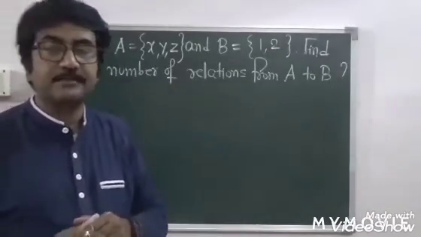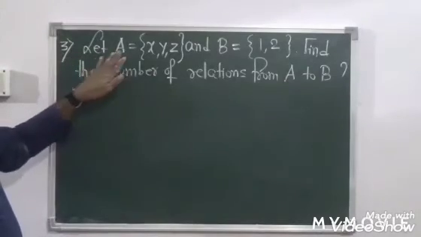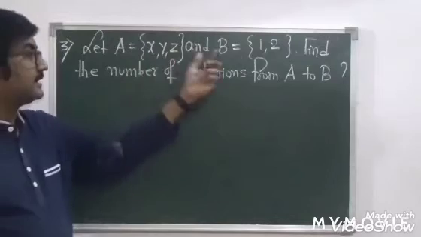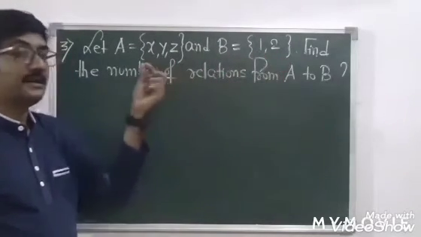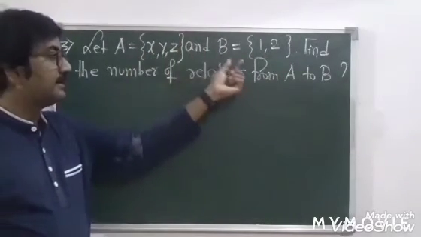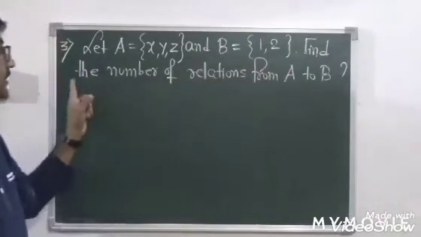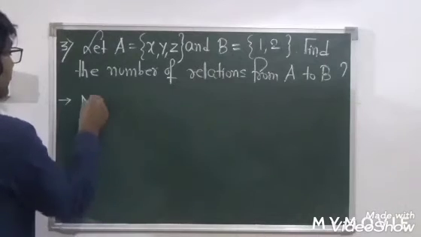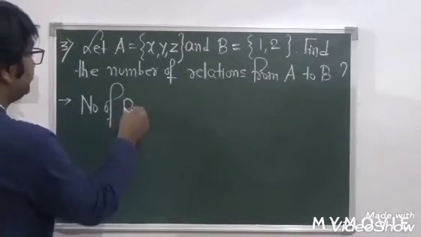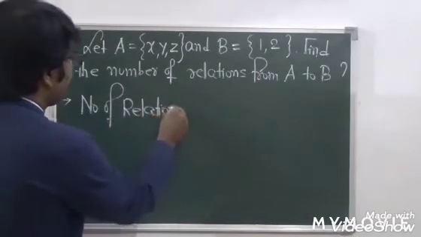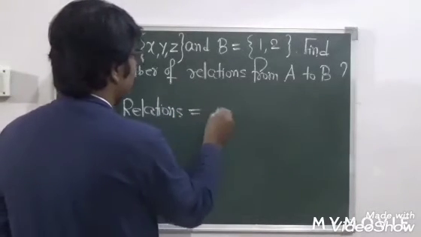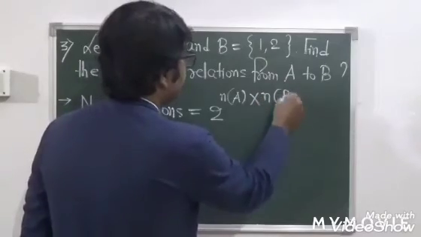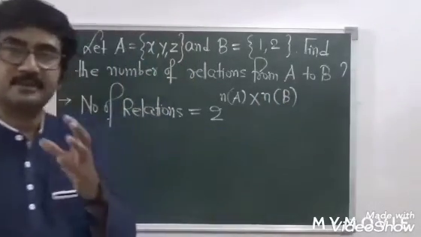Moving on to a similar question. We have question number 3: let A equal x, y, z and B equal 1, 2. That means set A has 3 elements and set B has 2 elements. That is, the cardinal number of set A is 3 and the cardinal number of set B is 2. Find the number of relations from A to B. As we have done just now, the number of relations is given by 2 power the cardinal number of set A multiplied by the cardinal number of set B. Cardinal number is the number of elements present in the sets.